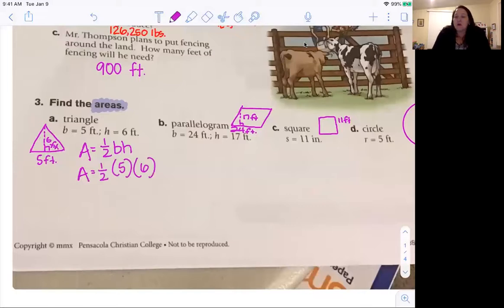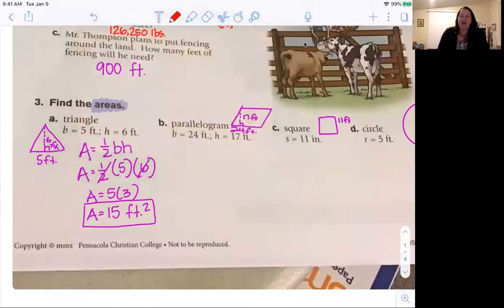Now remember, when you're finding half of something, you are basically dividing it by 2. Would it be easier to divide 5 by 2 or 6 by 2? If you said 6, you're right, because half of an even number comes out evenly. So half of 6 is what? Is 3. Area equals 5 times 3. Area equals 15 square feet. Excellent.